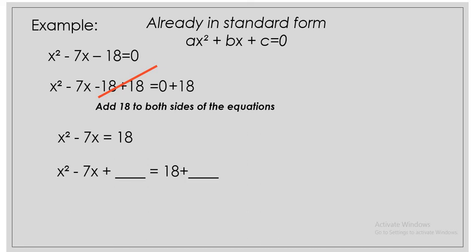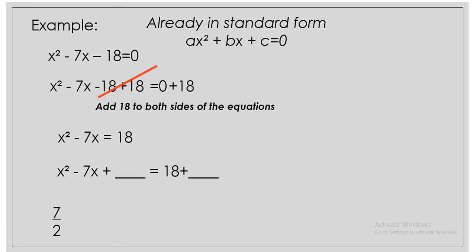So the next part is to make it a perfect trinomial, and we have a method for finding the number to make it a perfect trinomial. Find the value of b, which is 7, and divide it by 2.